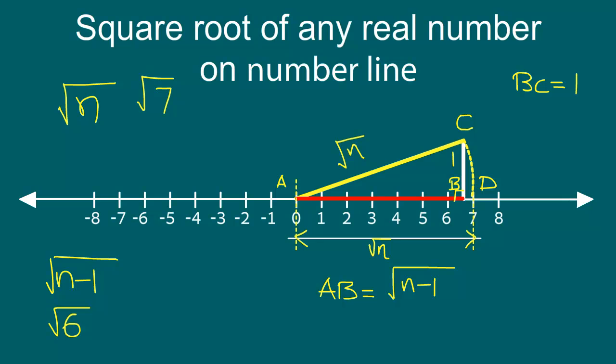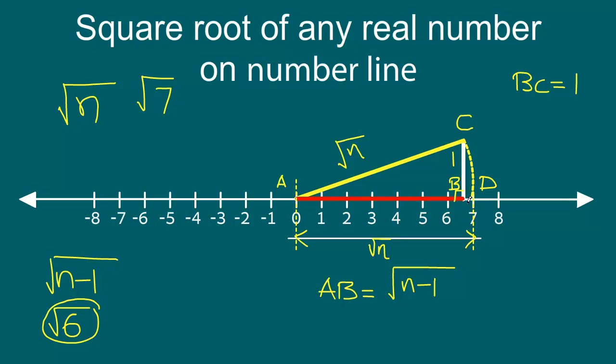A quick recap: if we want to find the square root of any real number, in our example say 7, we first have to know what square root 6 is. So let's assume AB is square root 6, as shown in red.